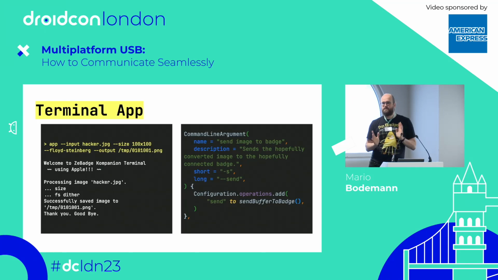Same love goes also for the terminal app, right? The terminal app has parameters. I can give it an input image, I can give it an output image, and I can say what it should be doing in between. Sadly, there is no Compose used on this one.